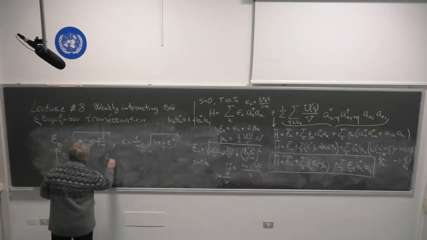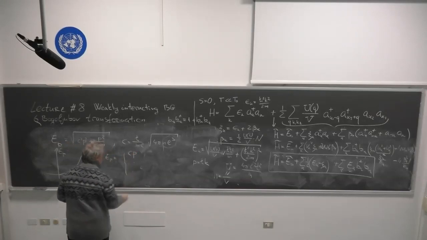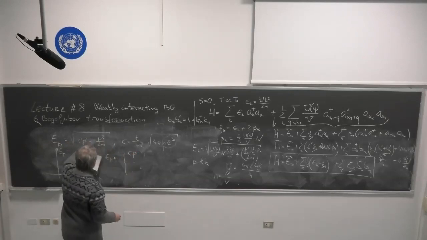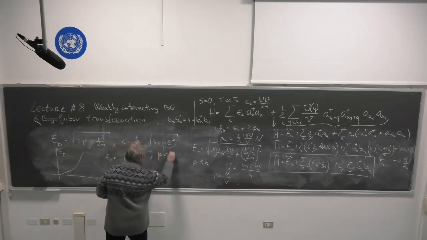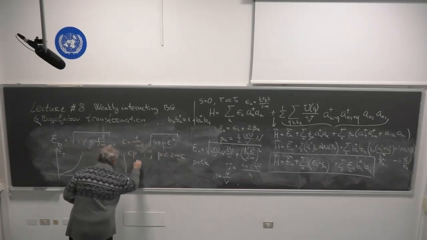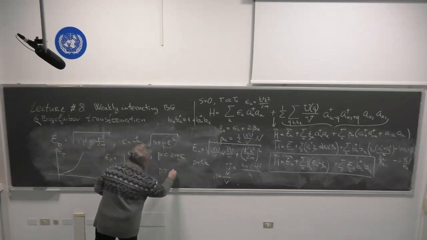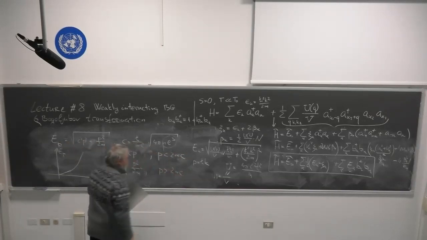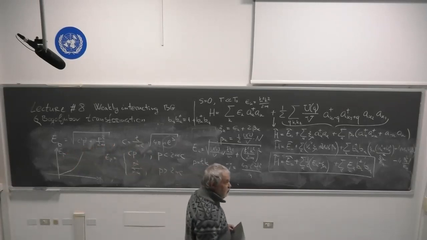So epsilon_p is equal to c p if the second term is smaller than the first one, namely, p is smaller than 2mc. And it's equal to p squared over 2m if momentum is larger than 2mc. So this spectrum describes sound.